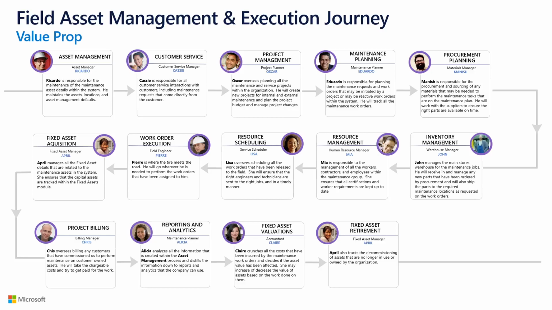When a work order finally gets released as a field work order, we need to start scheduling and looking at resource optimization and the travel time associated with it. Then we get down to the meat and potatoes, where we need to perform our work orders and execute them as a field service technician. Once all that work's done, we have fixed assets components: if we're constructing an asset, it may need to be capitalized, and if we're doing value add work to an asset, we may want to adjust the fixed asset valuation.